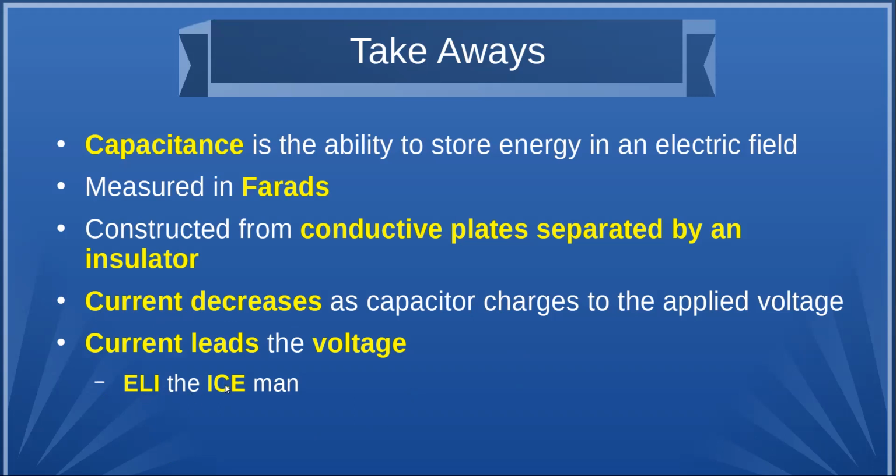For a capacitor, the C, the current leads the voltage. So that's supposed to help you remember which one has leading voltage and which one has leading current, or vice versa.